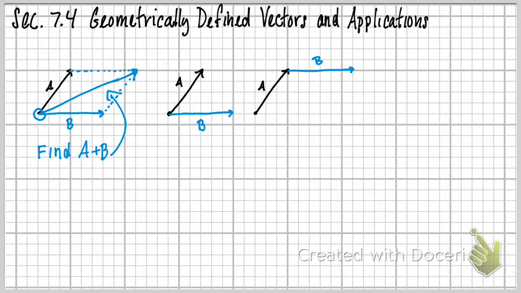Then we just draw the vector in. Now notice what I did here. I put the tail of the second one on the head of the first one. Then I'm going to draw the vector from the tail of the first one all the way to the head of the second one. And that's going to be my new vector.